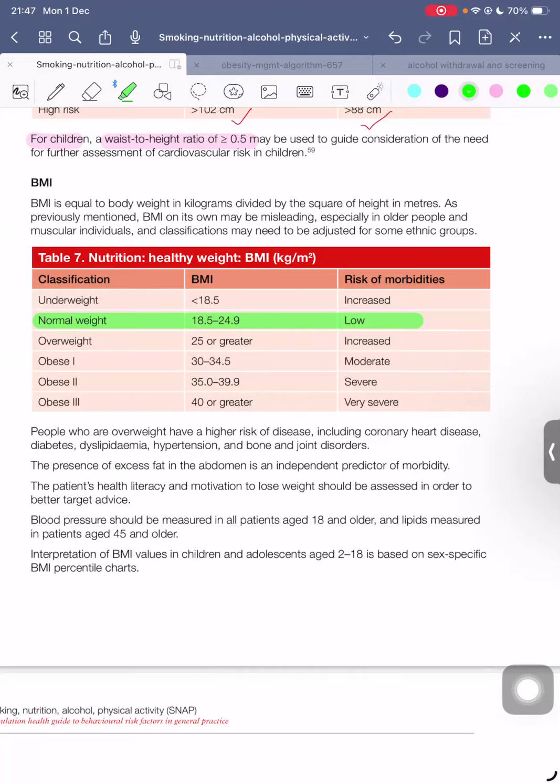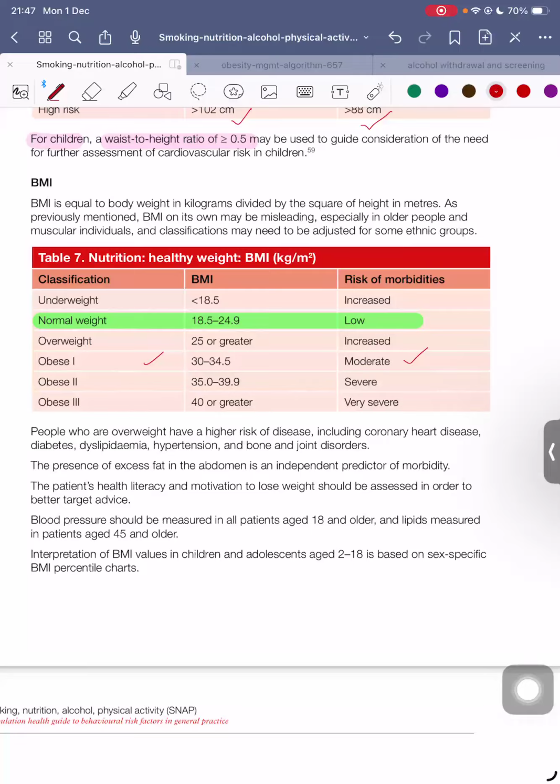If the patient is 25 or greater, that means overweight. Not obese, overweight. If the patient's BMI is 30 to 34.9, that means obesity class 1, with moderate risk of morbidity.